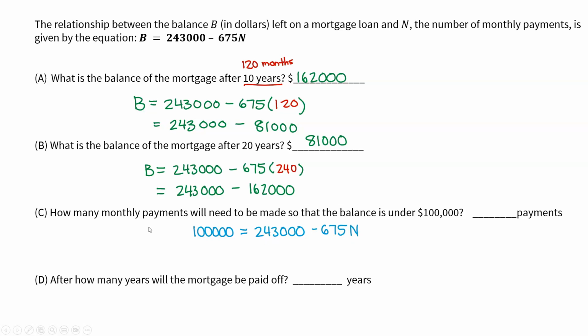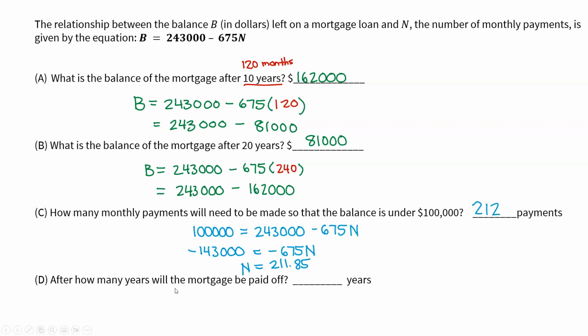Solving this equation, you would subtract 243,000 from both sides, and then divide both sides by negative 675, and you get that N is 211.85. So that means that's what would get you to exactly 100,000. Well, you can't make 0.85 of a payment, so when you make the 212th payment, you should be under $100,000. So at 212 payments, you'll reach that part where you're under $100,000 owed on this.